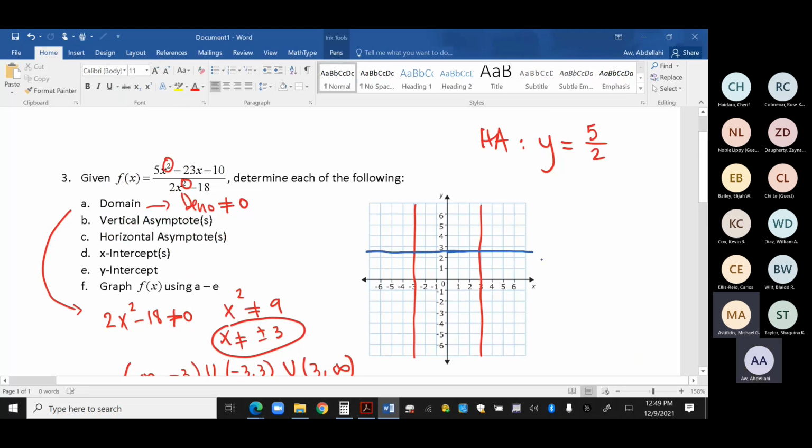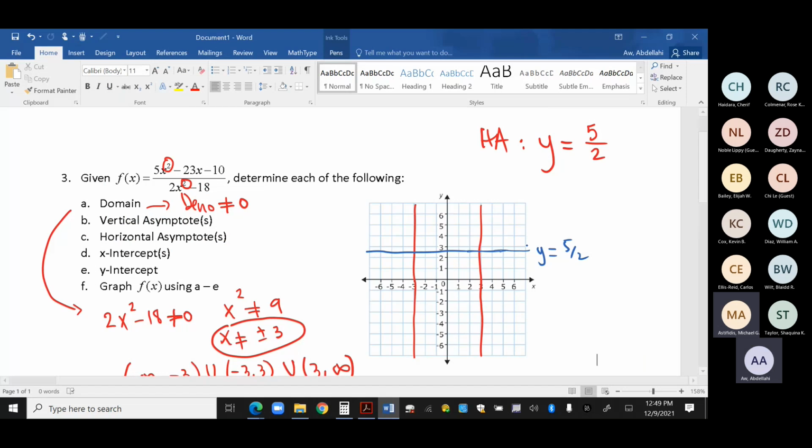This is y equals 5/2, so that is my horizontal asymptote.